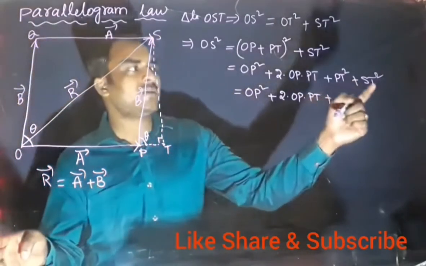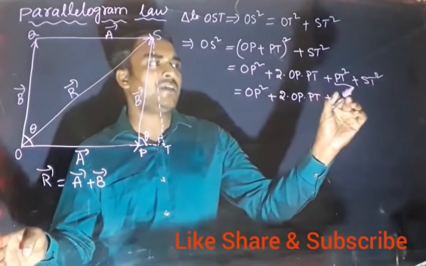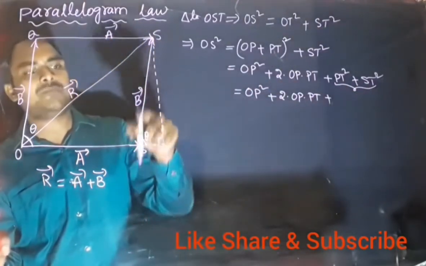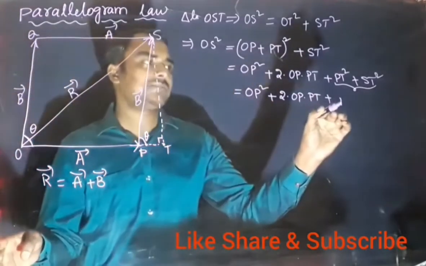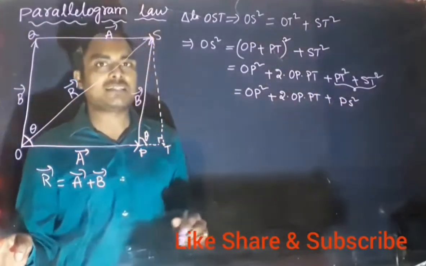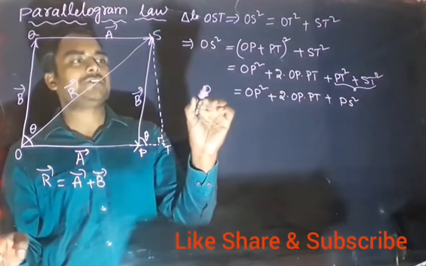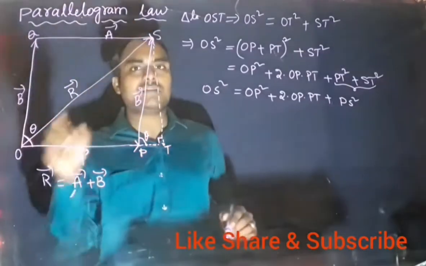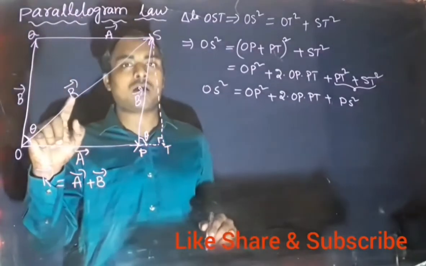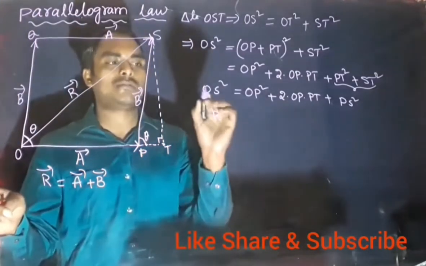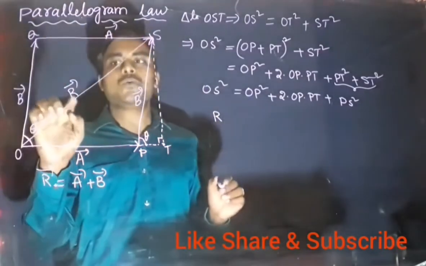So in the place of this sum, PT square plus ST square can be written as PS square. Now let us write here OS. This length is equal to the magnitude of R bar. R bar is the vector, its magnitude is represented by R. So this OS is equal to R.